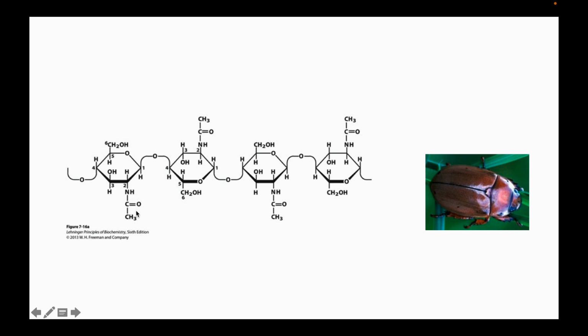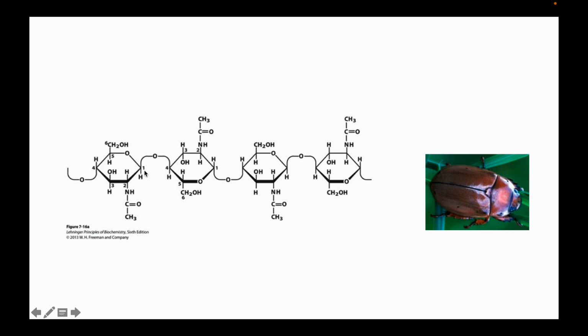Here this is the N-acetylated glucosamine structure. At every second carbon we have an N-acetylated amine. So the basic unit of chitin is N-acetyl glucosamine. It is a homopolymer. This is also not found in humans. Chitin is not found in humans.